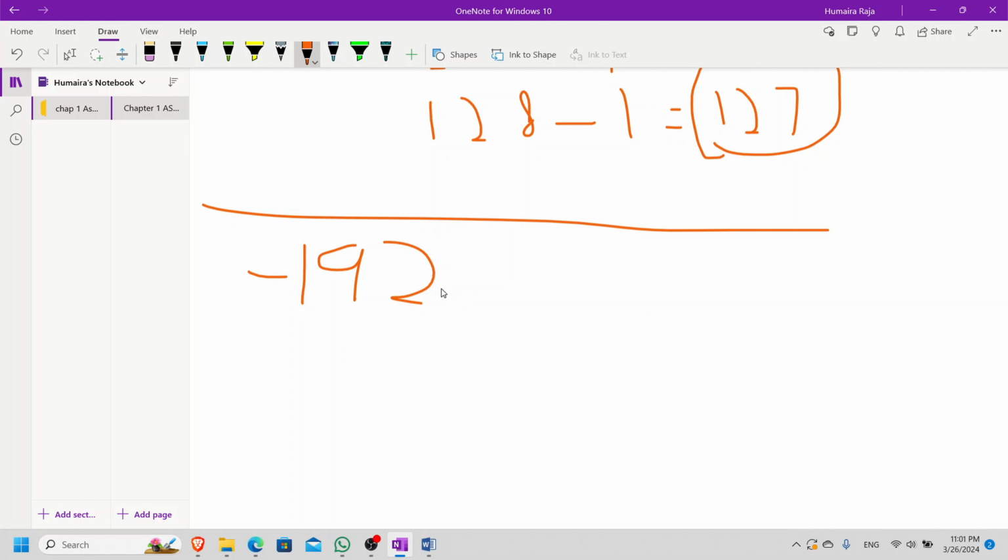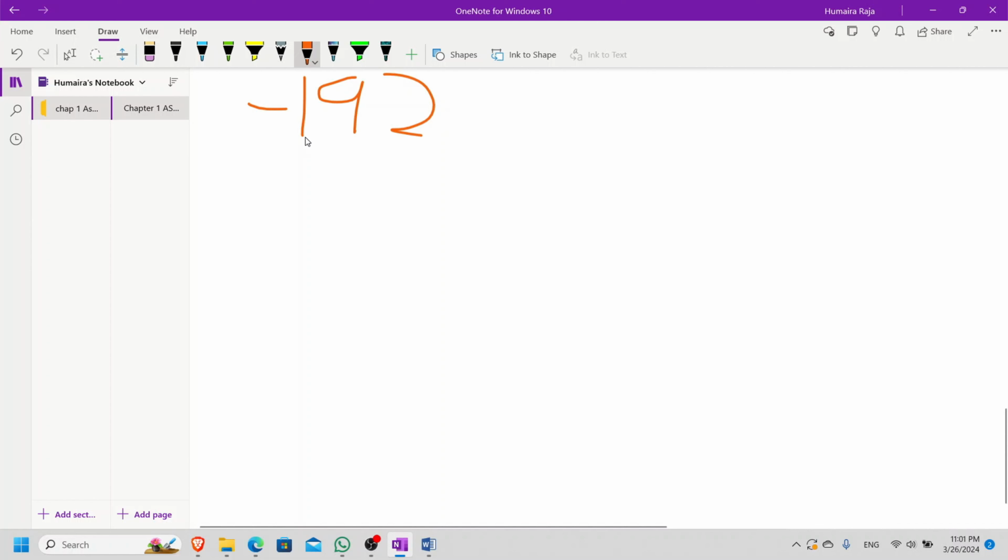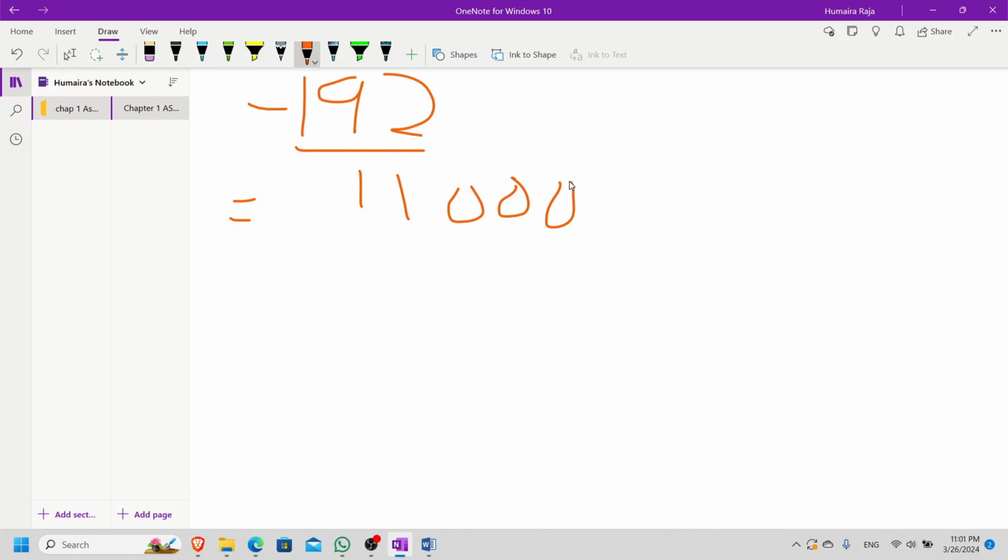First, I can just ignore this minus sign and convert only 192 into its binary value, which is 11000000. Only if I'm representing 192, this will be equivalent to this binary value.